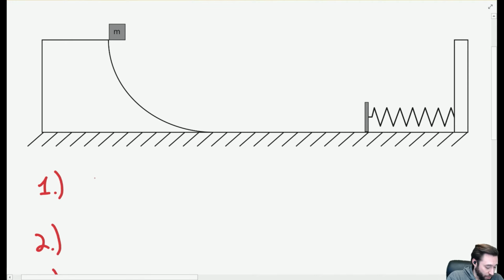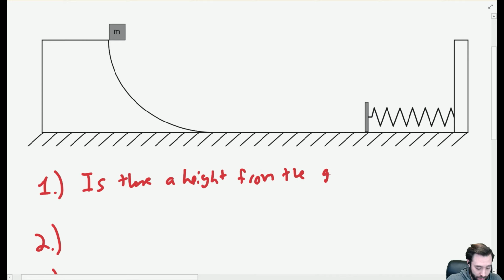So the very first question is, is there a height from the ground? And when I make the video, this will be typed up and it'll be perfect. So is there a height from the ground at state 1?